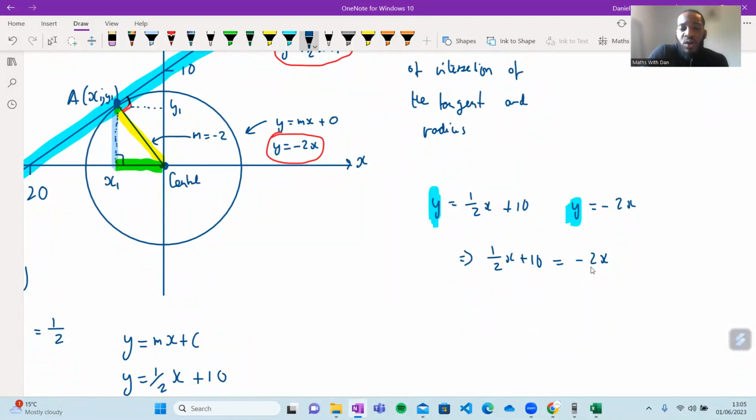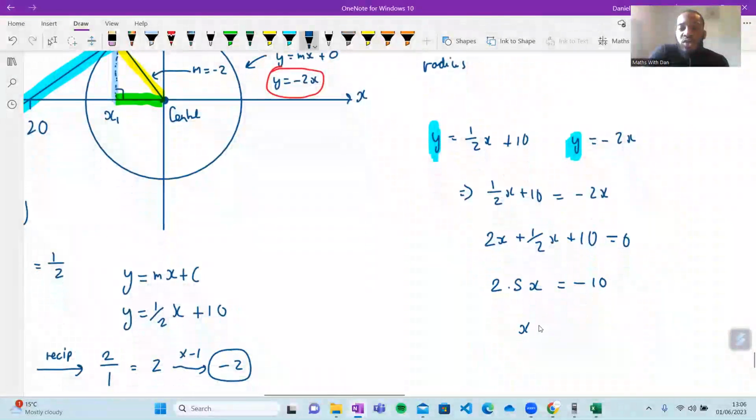So if I move this over, it will be 2x plus a half x plus 10 is equal to 0. Now 2 plus a half is just 2.5, or 5/2. So you could write 2.5x is equal to minus 10, because I move the minus 10 over. 2x plus a half x is just 2.5x.